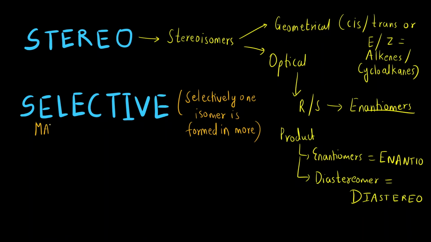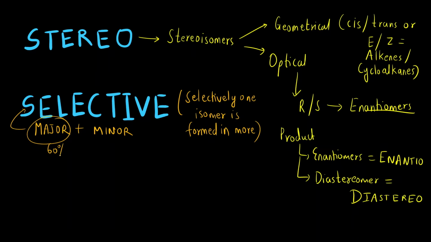So always remember, whenever one isomer is a major product and another isomer that is formed is a minor product, formed in smaller amount, then we call that reaction selective.